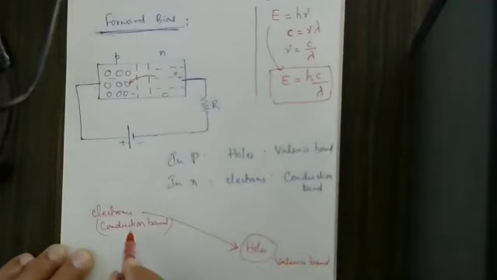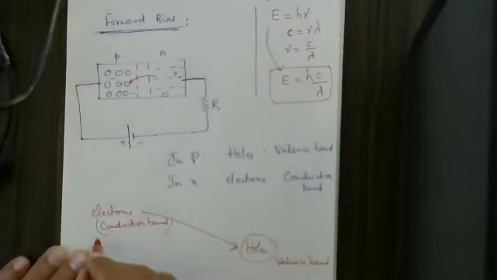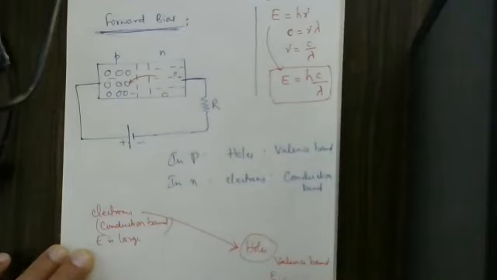Which energy is more? Conduction band energy is more. Valence band energy is less. So here the electrons go from the conduction band to the valence band. Here energy is large. Here energy is small.